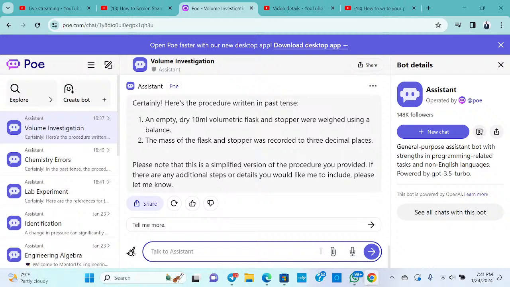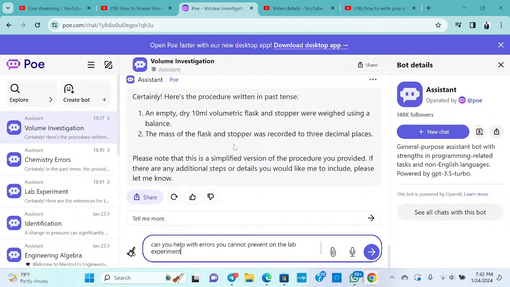So I know your TA explained error analysis to you. You can also come to ChatGPT, and you don't say error analysis. You just come and say, can you help me with errors you cannot prevent on the lab experiment, is volume conserved.